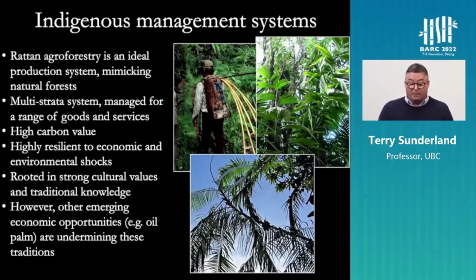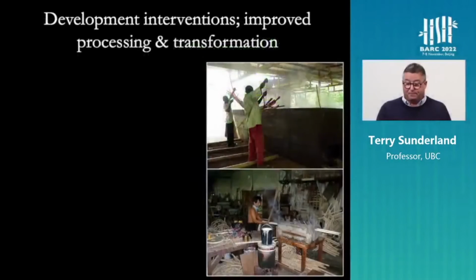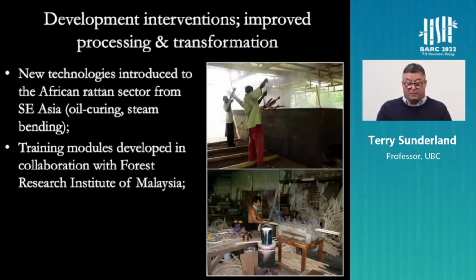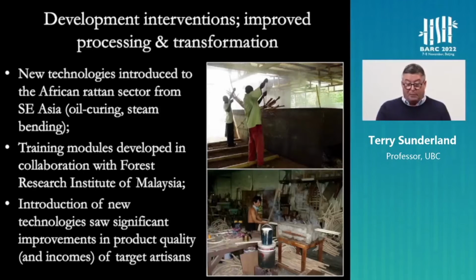And there's also high carbon value to these systems and they are extremely resilient to both economic and environmental shocks. But unfortunately, the opportunity costs of other land uses, transformation to oil palm, for example, often undermine these traditions, particularly in Southeast Asia. So we introduced, in collaboration with the Forest Research Institute of Malaysia, training modules looking at new technologies for processing and transformation.